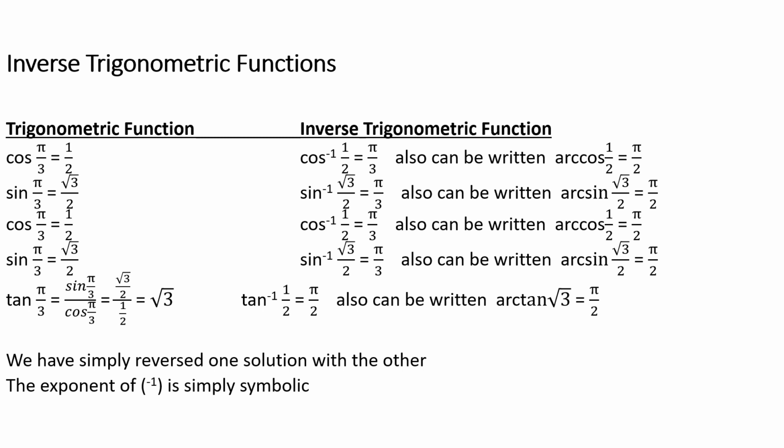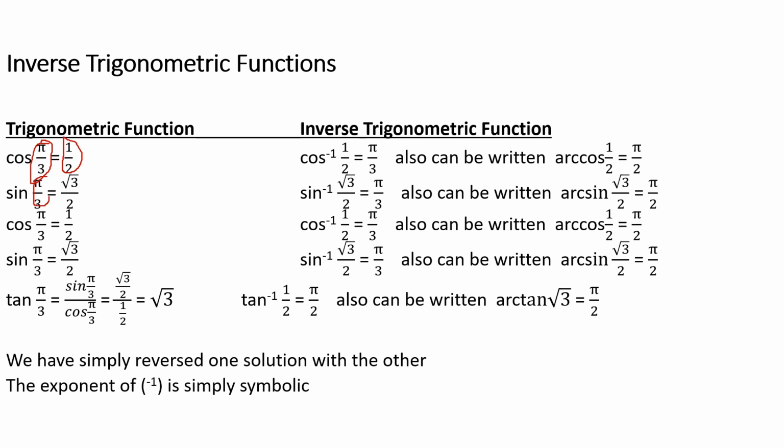Now, when we look at inverse trigonometric functions, we're really just reversing where we have the radians with the outcome being the x coordinate, the y coordinate: x coordinate for cosine, y coordinate for sine. Cosine of pi over 3 is 1/2. And that's 60 degrees, by the way.